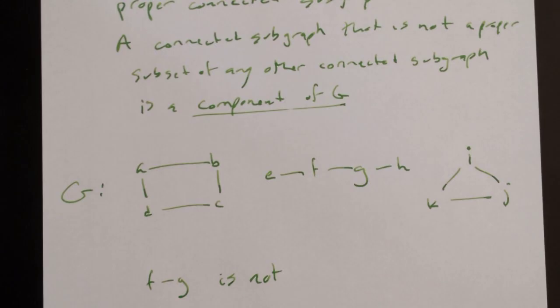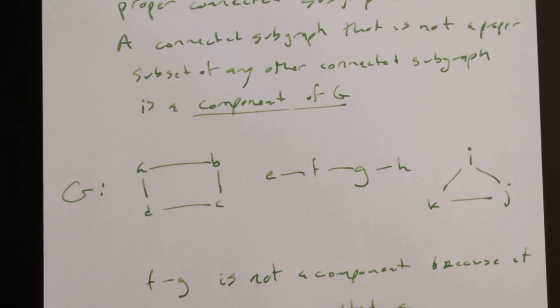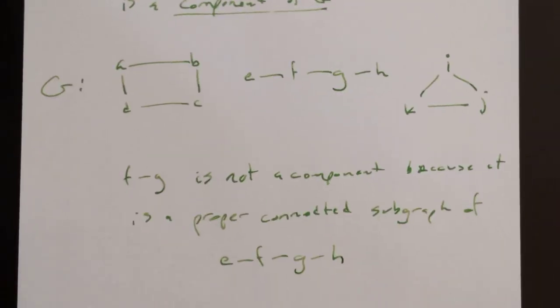So FG is not a component because it is a proper connected subgraph of a bigger piece of my graph, right?